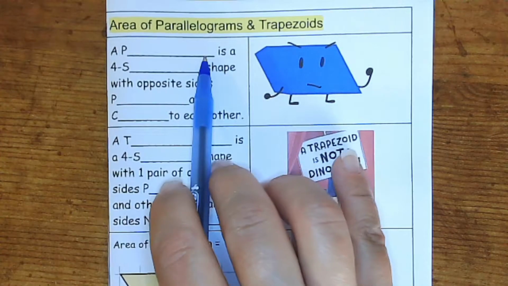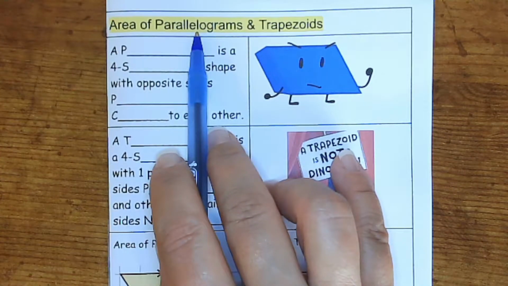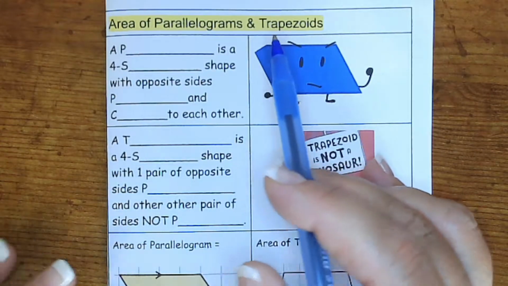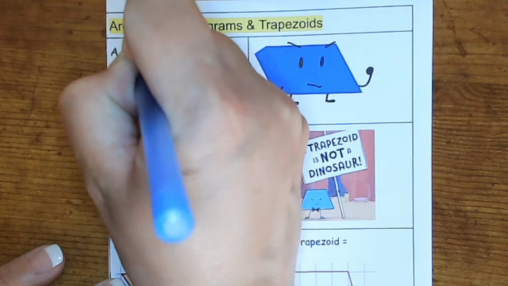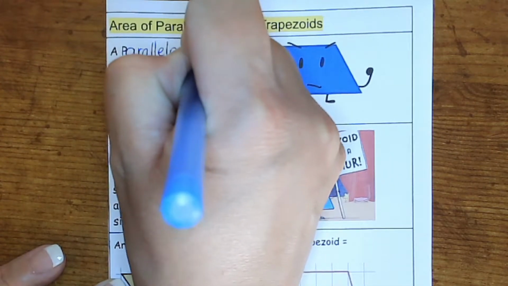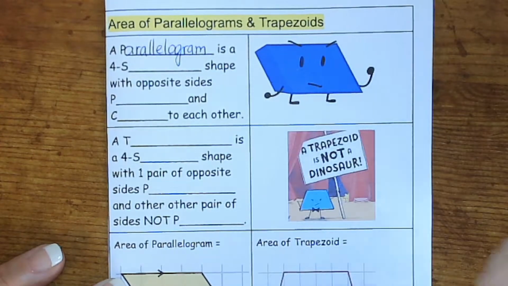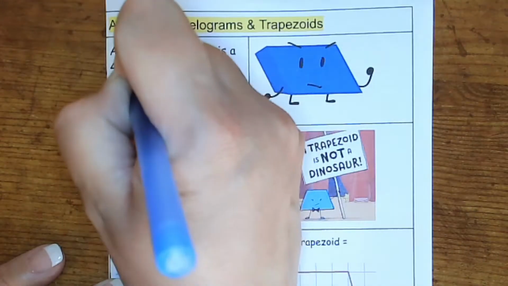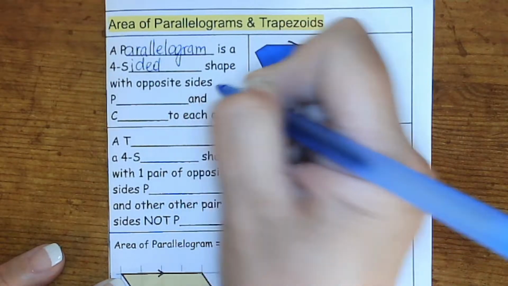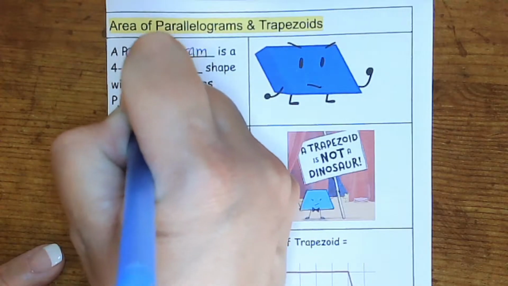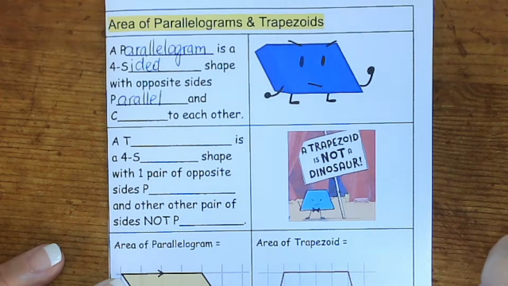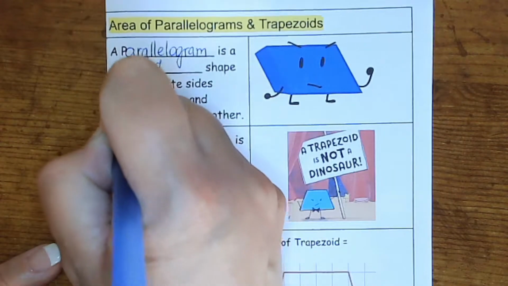In this video, we'll be talking about area of parallelograms and trapezoids. A parallelogram is a four-sided shape with opposite sides parallel and congruent or equal to each other.